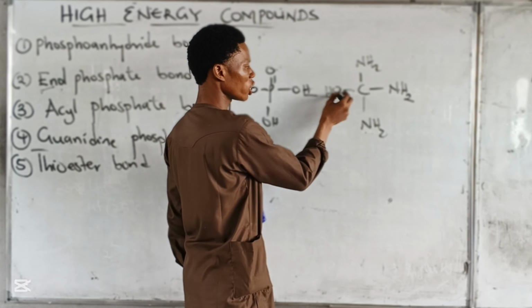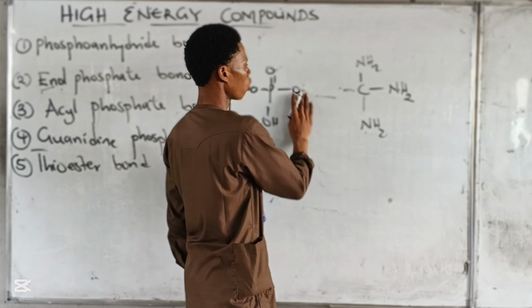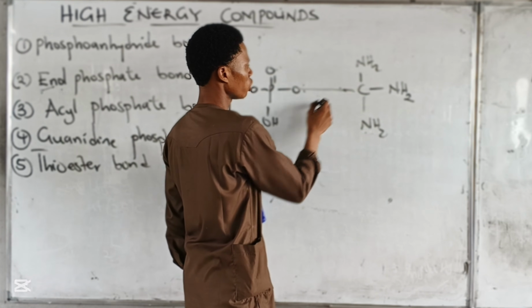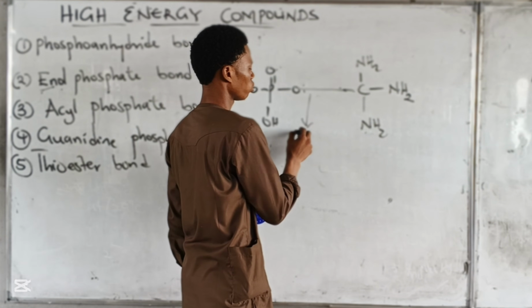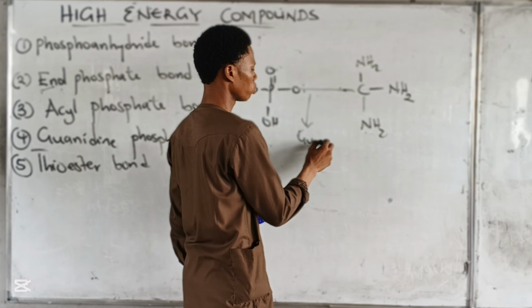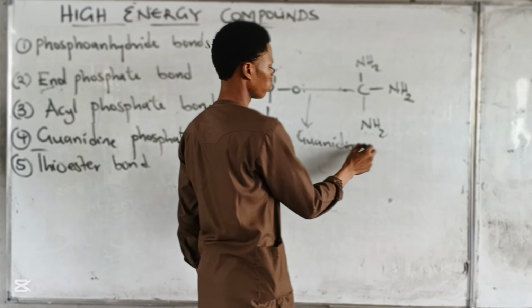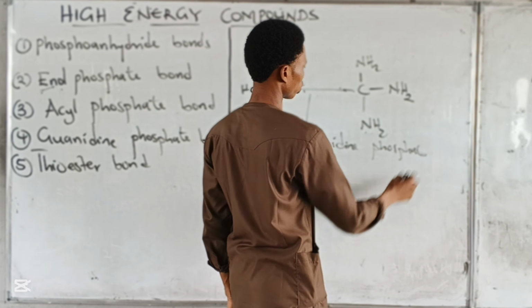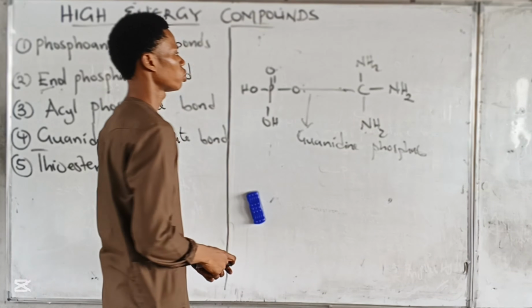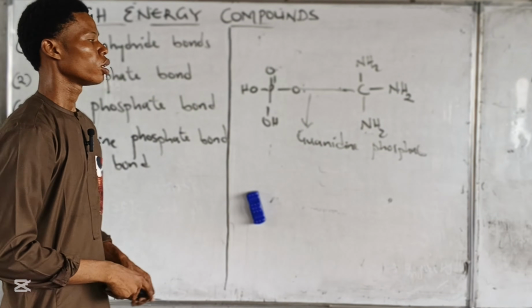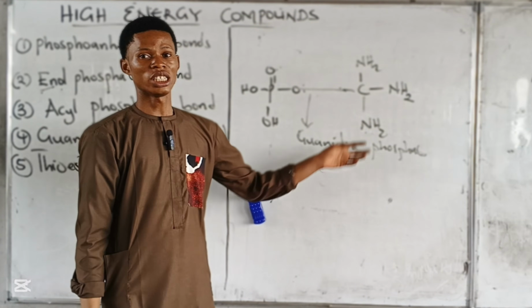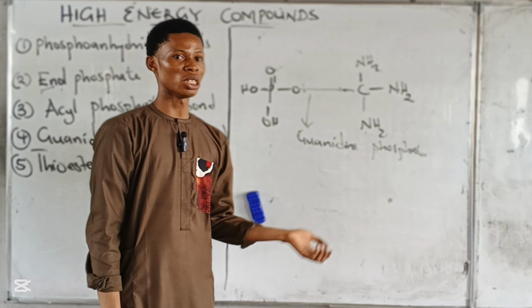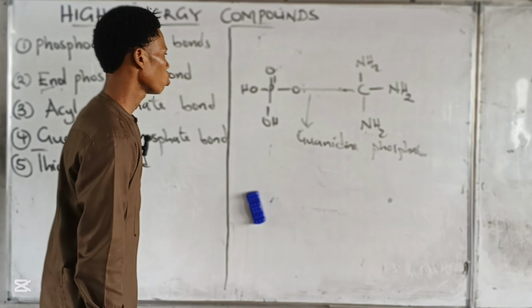If this H takes this OH out, what we have is a guanidine phosphate bond. Sometimes the amino group can be a secondary amine, but I don't want to go into that.